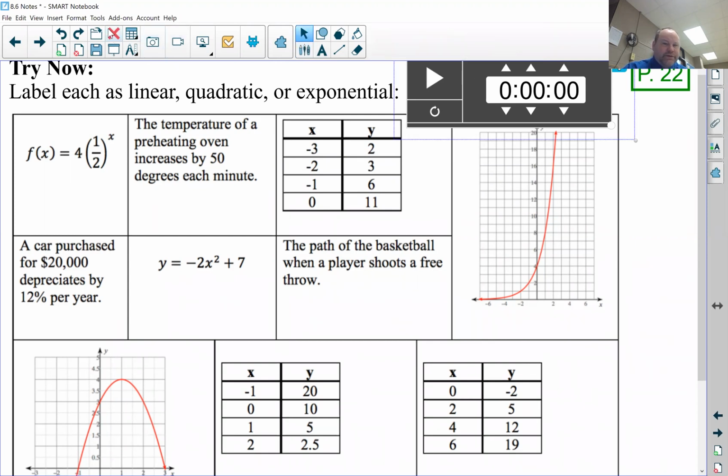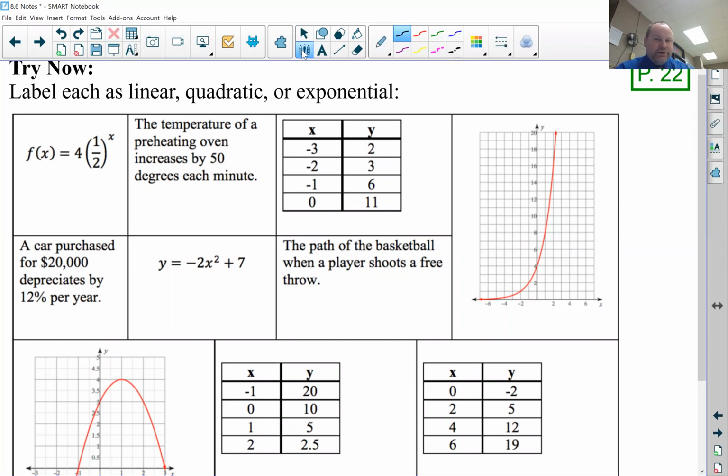All right. So let's take a look. This upper left-hand corner is exponential. Temperature of a preheating oven increases by 50 degrees each minute.